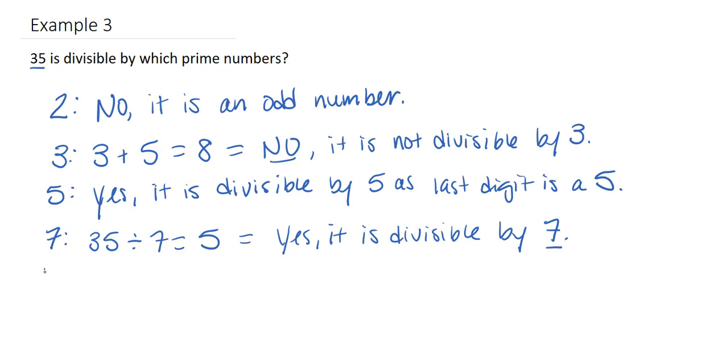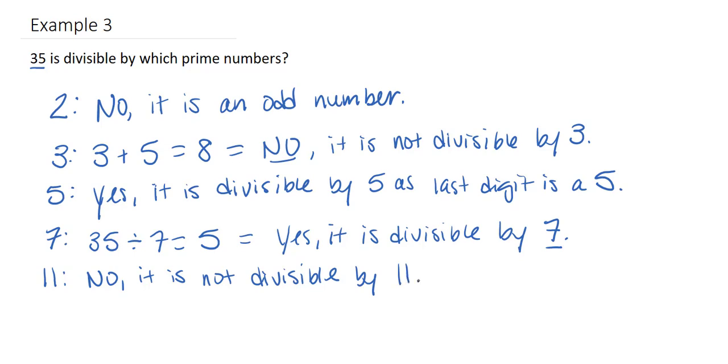Then we look at the next prime number, 11. Well, 11 times 3 is 33. So this is 35. So we would say no, it is not divisible by 11.